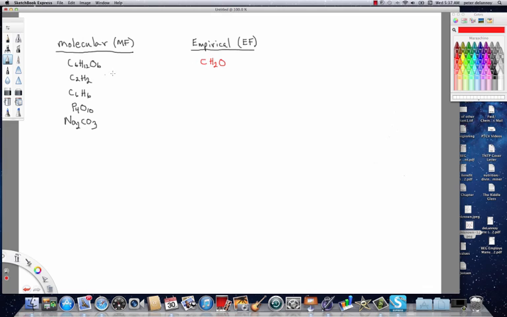And how we arrived at that was we divided each of the subscripts in the chemical compound by 6. The next compound down, which happens to be acetylene, we're going to divide by 2, so its empirical formula is CH. The next compound down is called benzene, and we're going to be dividing that one by 6. Notice that both acetylene and benzene have the same empirical formula.